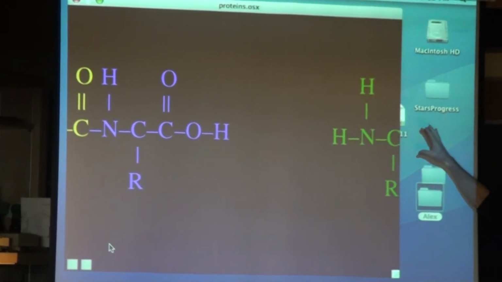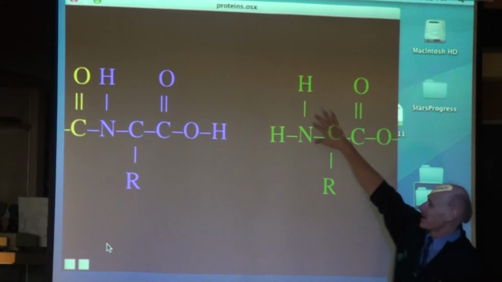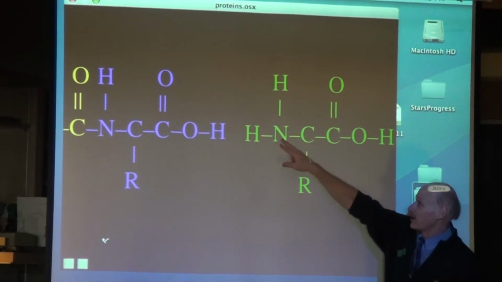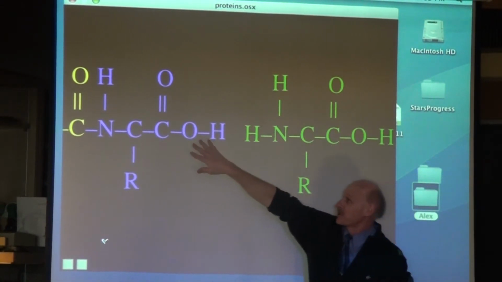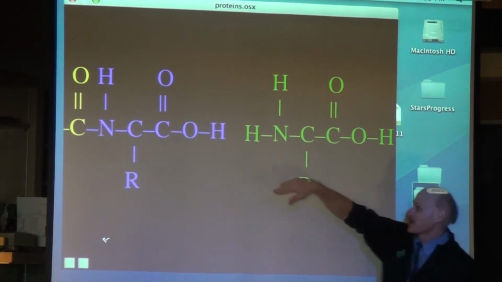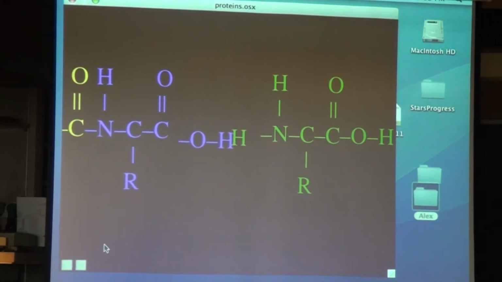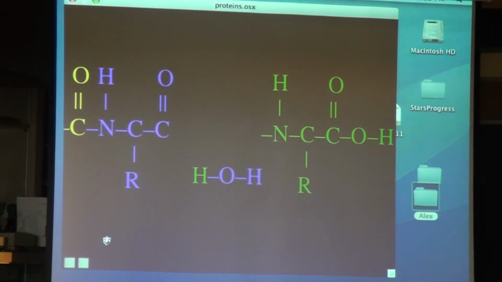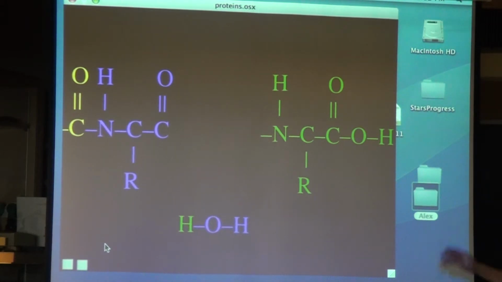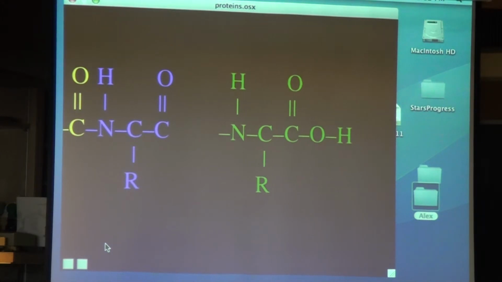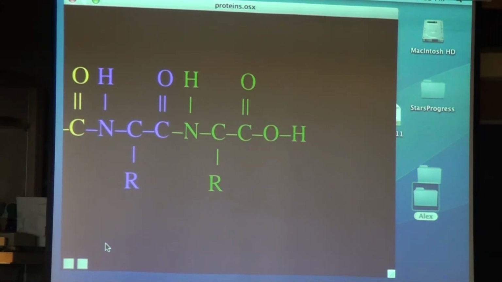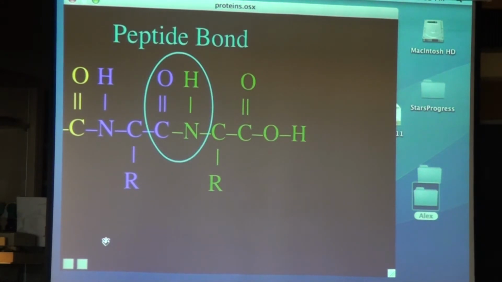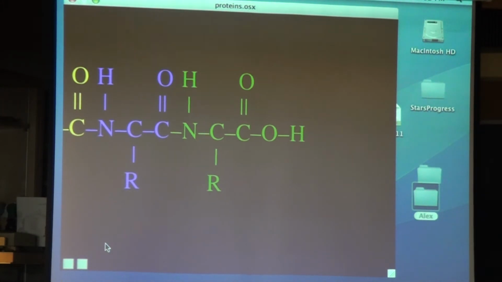Remember, they always bring in their amine group towards the previous amino acid's carboxylic acid group. You get the dehydration synthesis. And the amine group slides over and clicks into the chain of amino acids. Click. Now you've got another peptide bond. And now we have 3 amino acids linked together.